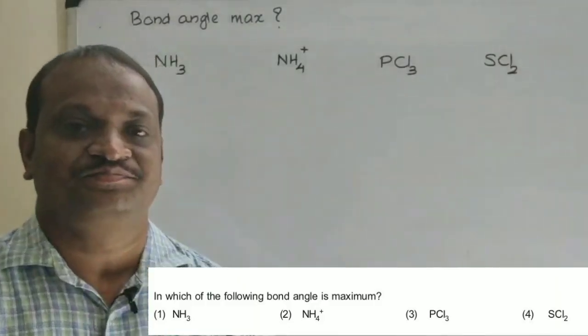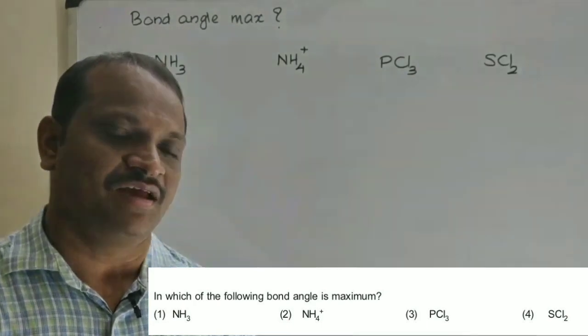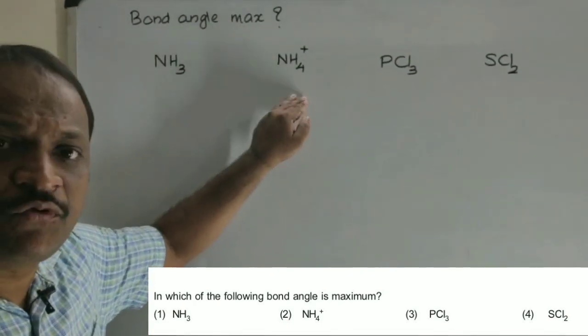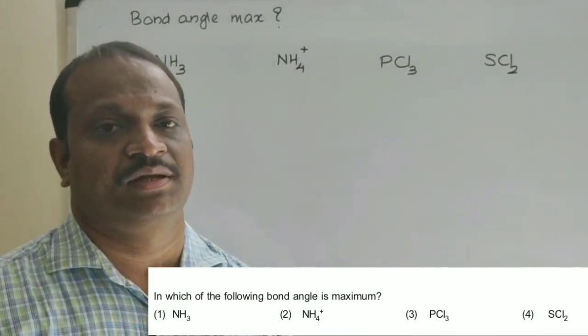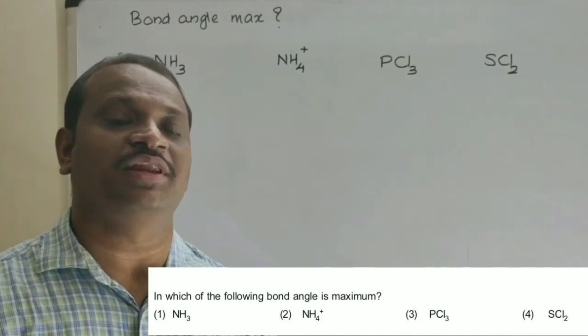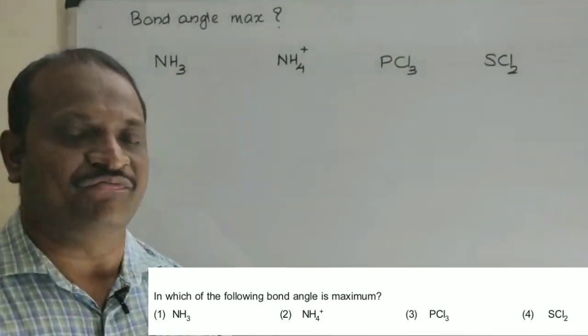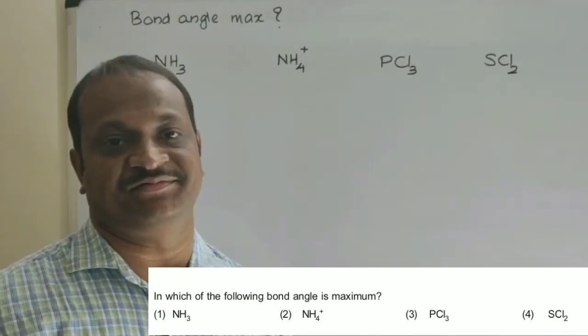In this question, which of the following has the maximum bond angle? The options given are NH3, NH4 plus, PCl3 and SCl2. If you want to know about the bond angle, we need to find the hybridization or the shape first of all.